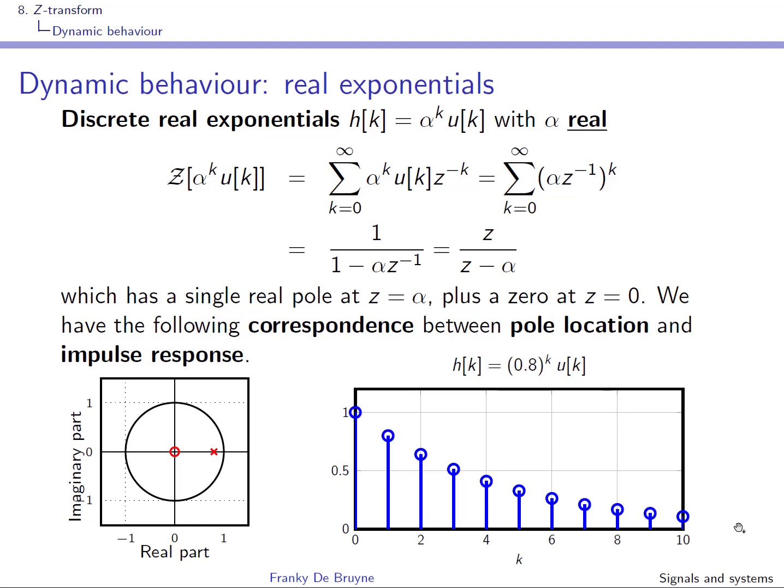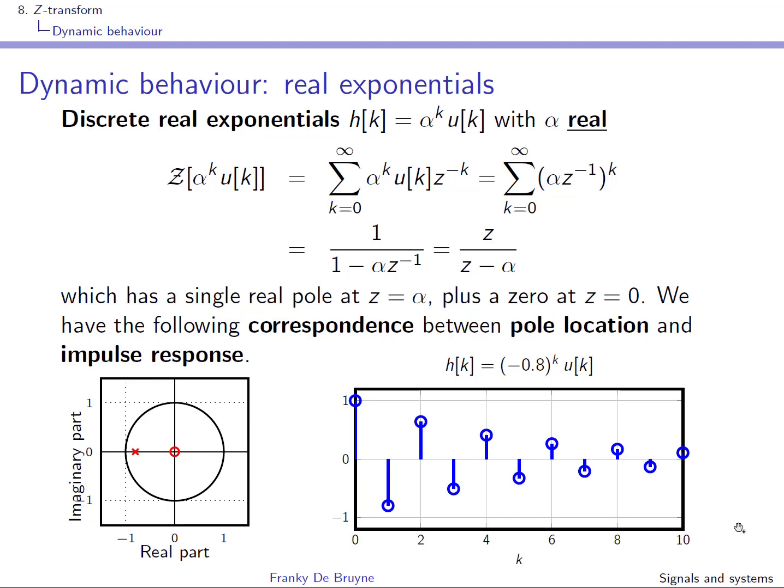If you take alpha 0.8, clearly the pole is inside the unit circle, so the corresponding impulse response will be converging to 0. We had seen previously that if you take alpha negative, well, the pole is at minus 0.8, so clearly the underlying system is stable, and this is what you see here in the impulse response.